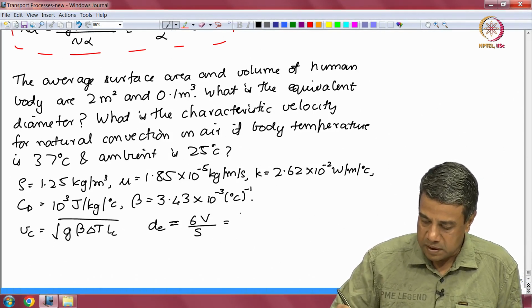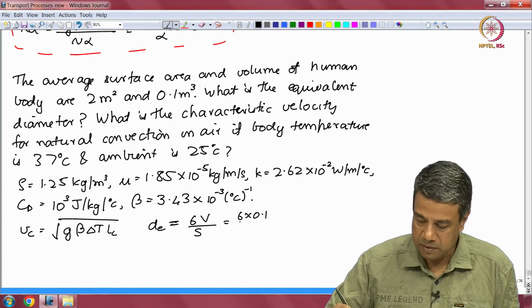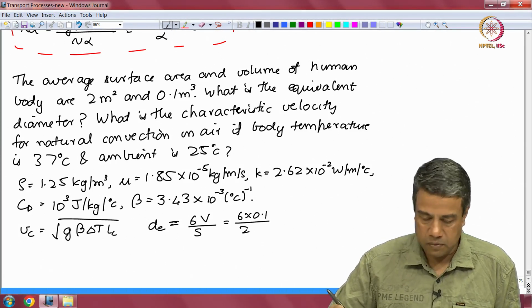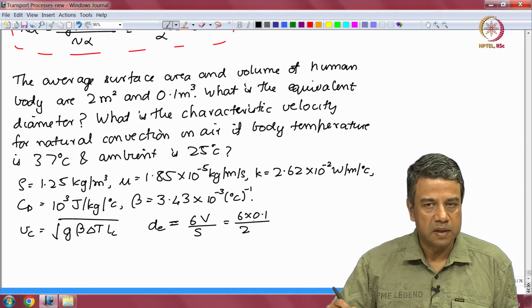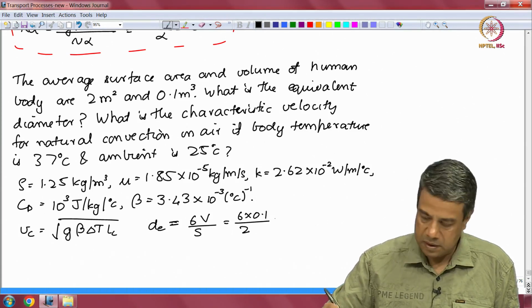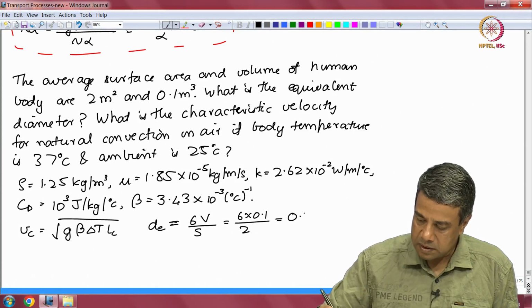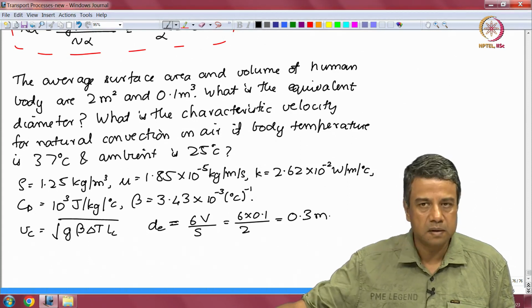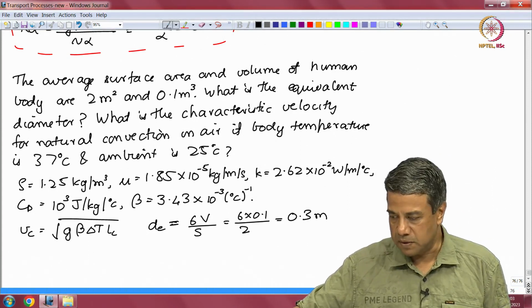That is 6 into 0.1 meter cubed, the volume, divided by 2 meter square, the surface area. This is 0.3 meters.